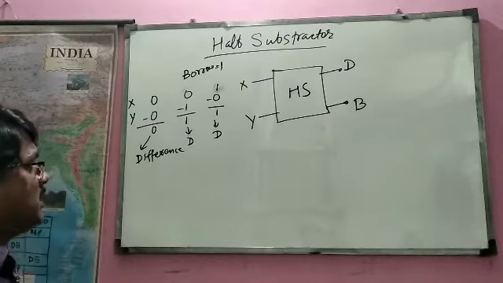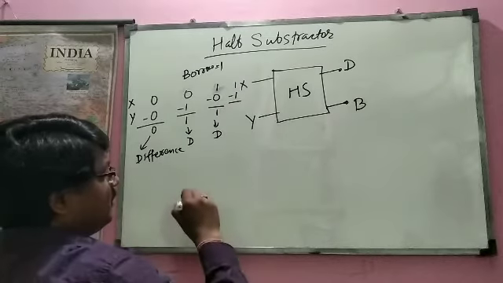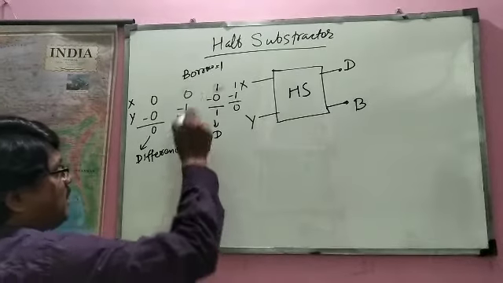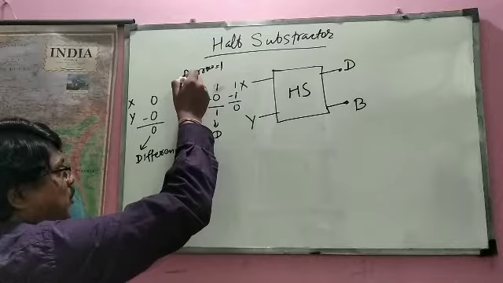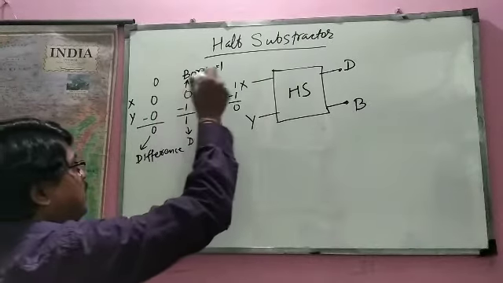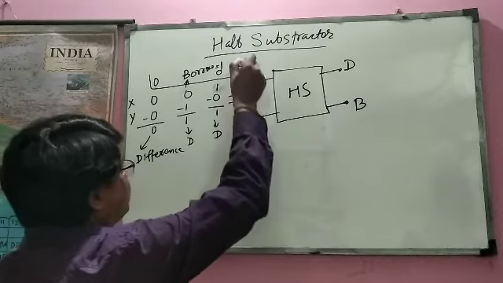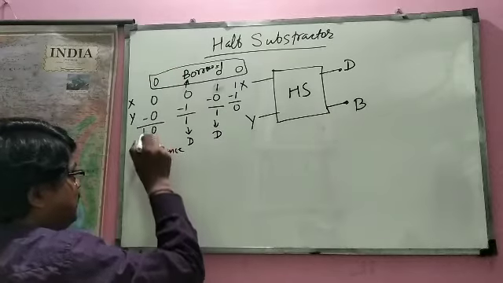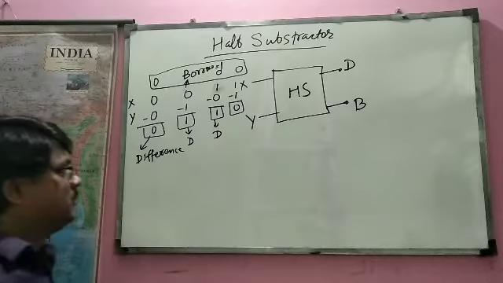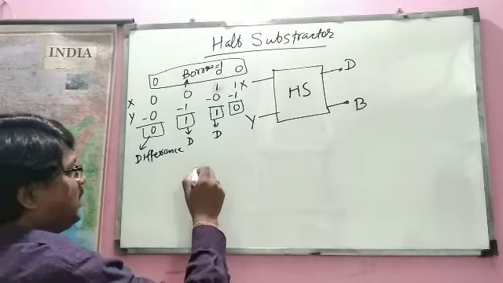Now the last one is 1 minus 1, which gives 0. Only in the 0 minus 1 case will there be a borrow; in the others the borrow is 0. So these are the borrows, and these are the differences.